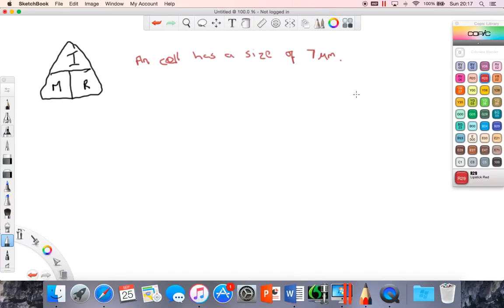Full stop. The image has a size of 7 centimeters. Calculate the magnification.